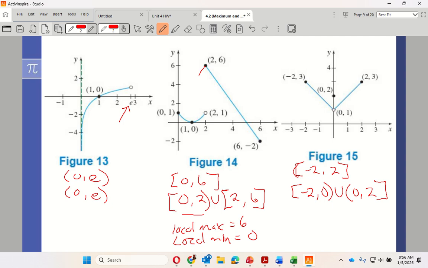All right, absolute max, 3. Yep, it has two places where it's 3.